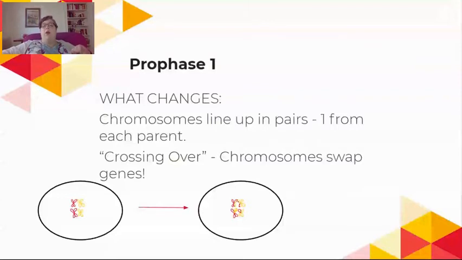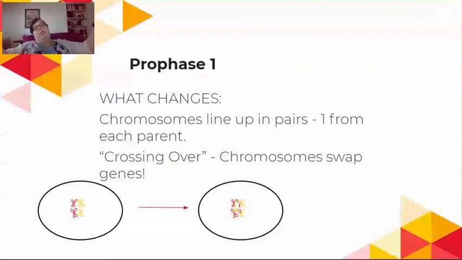So these 2 chromosomes that have the same genes on them, just from different parents, do a process called crossing over, where they swap genetic information from one chromosome to the other. So the lactase protein gene that I got from my mother could swap places with the lactase protein gene that I got from my father.